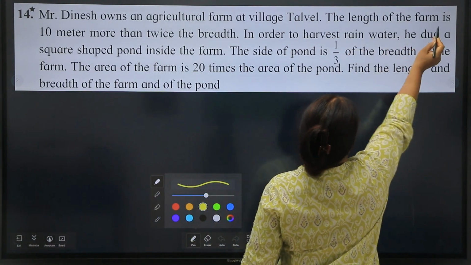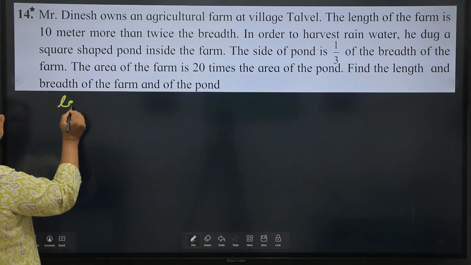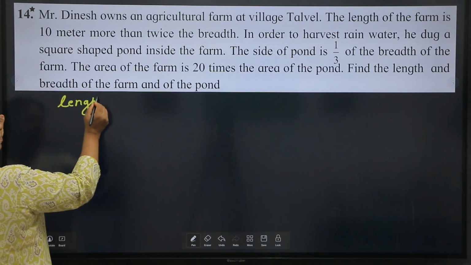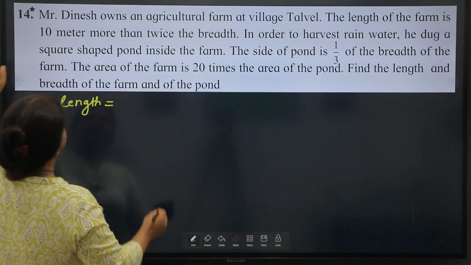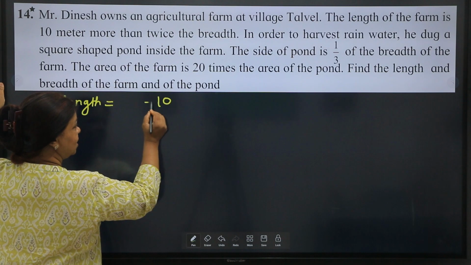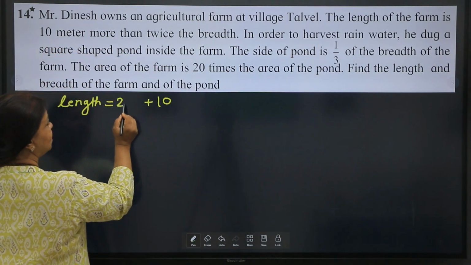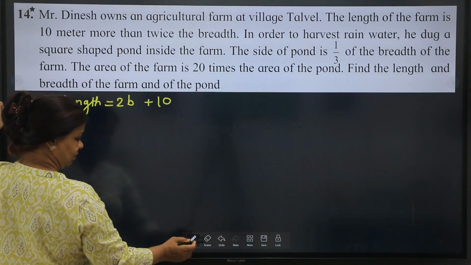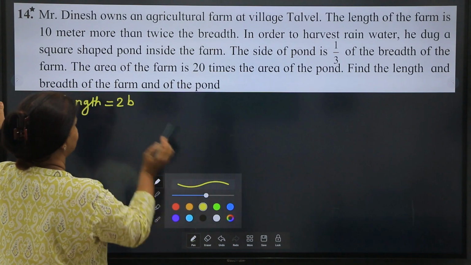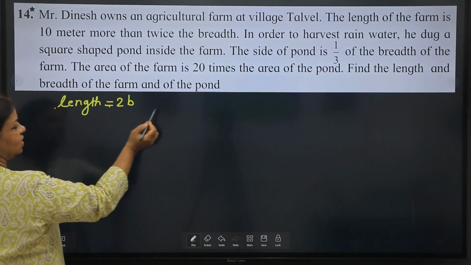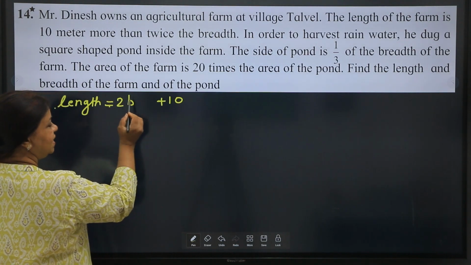Length of the farm is, okay, length of the farm means equal, 10 meter more means plus, then twice its breadth. See, length of the farm is 10 meter more than twice its breadth.